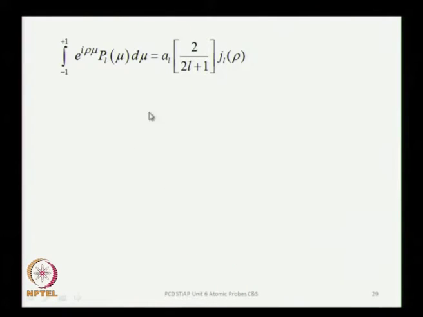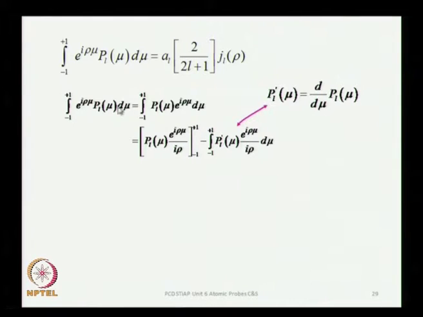So, this is the integral to be evaluated, and this is an integral over mu. This is an integral of a product of two functions, e to the i rho mu is one function, P_L(mu) is another function. So, I take P_L(mu) as the first function and e to the i rho mu as the second function, and use the usual formula which you would have used billions of times in solving the integration of a product of two functions.